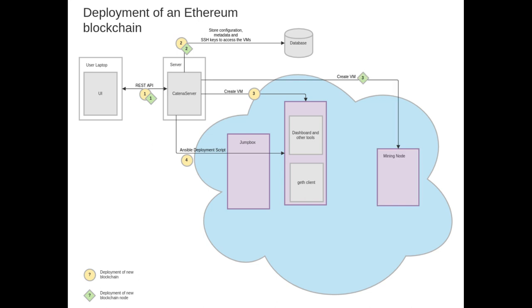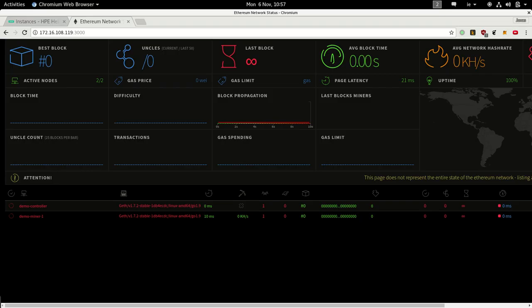Then it creates another virtual machine for the miner. And it starts Ansible deployment scripts that install the Ethereum node onto the miner. If we go back to the dashboard, we see that we now have 2 Ethereum clients connected to the blockchain.